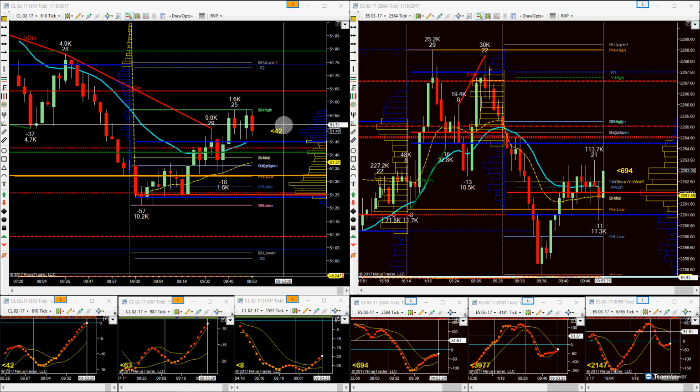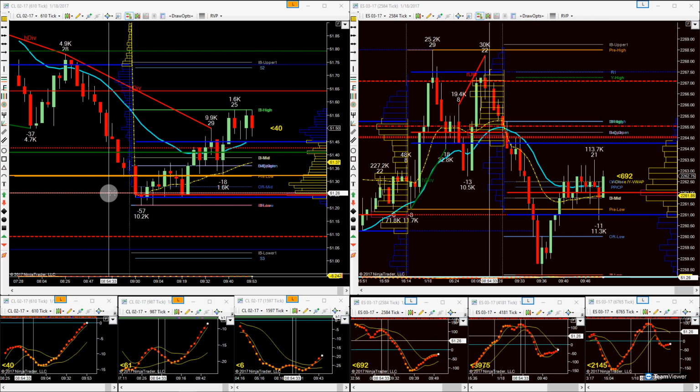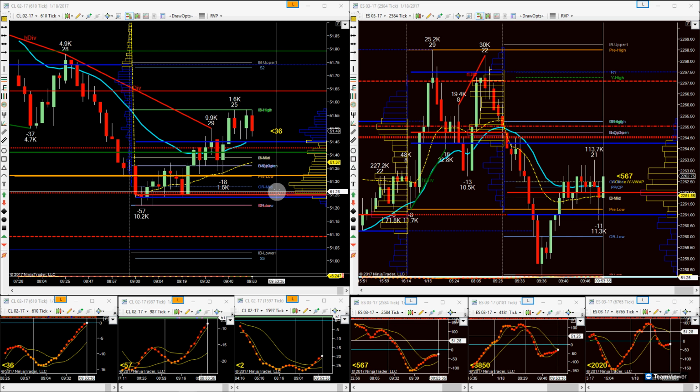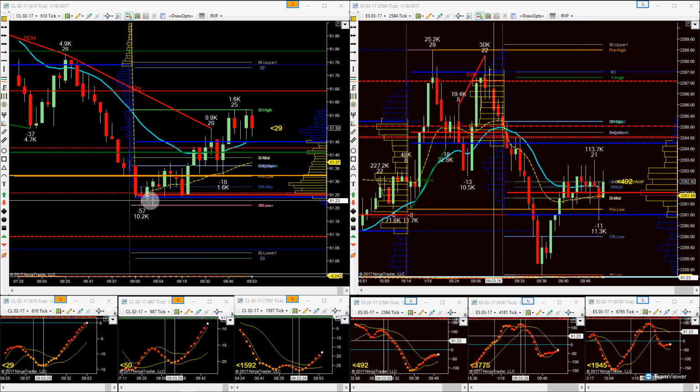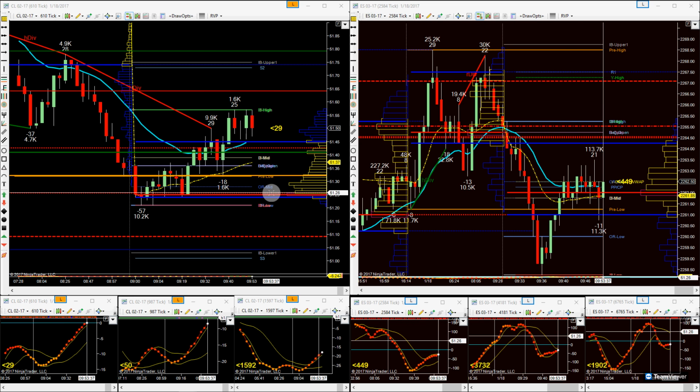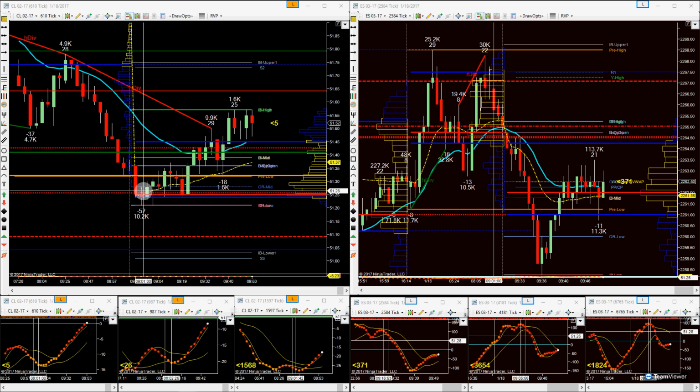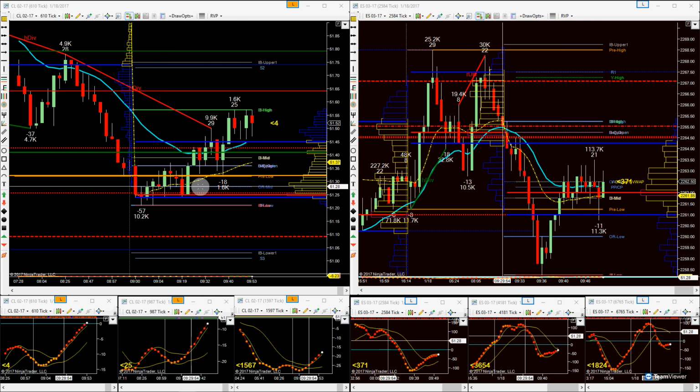But those VPOCs, and we've seen it ourselves, tend to hold. Just did it right here. This is not a naked VPOC. This is a VPOC from an earlier day that we put on the chart, that we made sure carried over to this chart. This price level hit right here gave us some great trade opportunities today. Two at least, three if you were counting this bullish bar, if you decided to get in on there too.